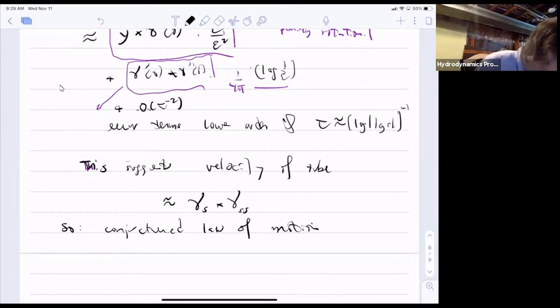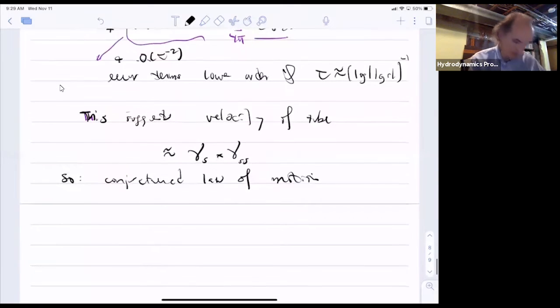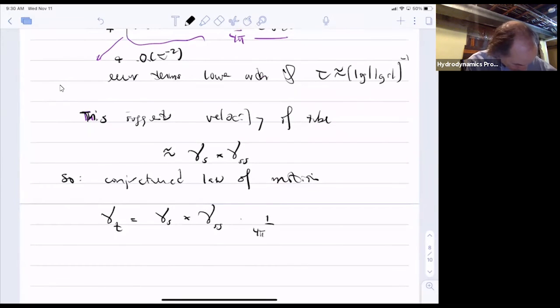the conjectural law of motion is that, so now I'll put back a time variable. I'll think of a curve as a function of s and t. And then gamma sub t, the time derivative, should be the velocity we just computed times 1 over 4 pi log epsilon.